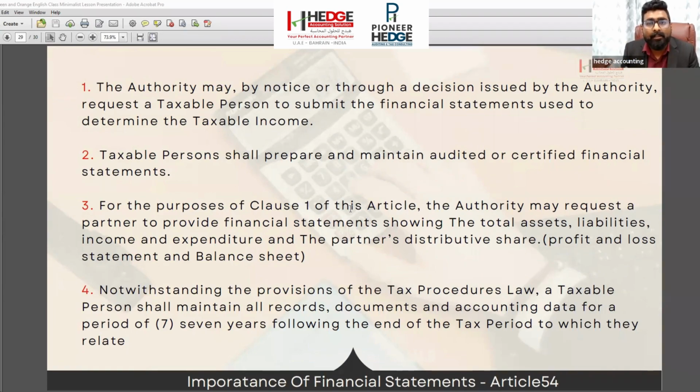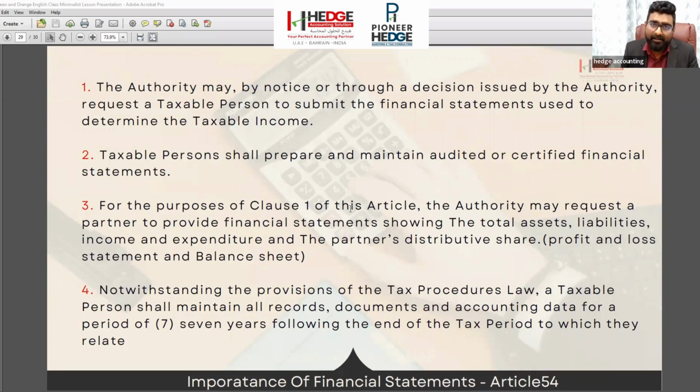They can all ask these. They can even ask for the audited financial statements. Whenever they ask, we have to give this to them. How can we give this to them? By maintaining and recording all the financial statements in a proper way.